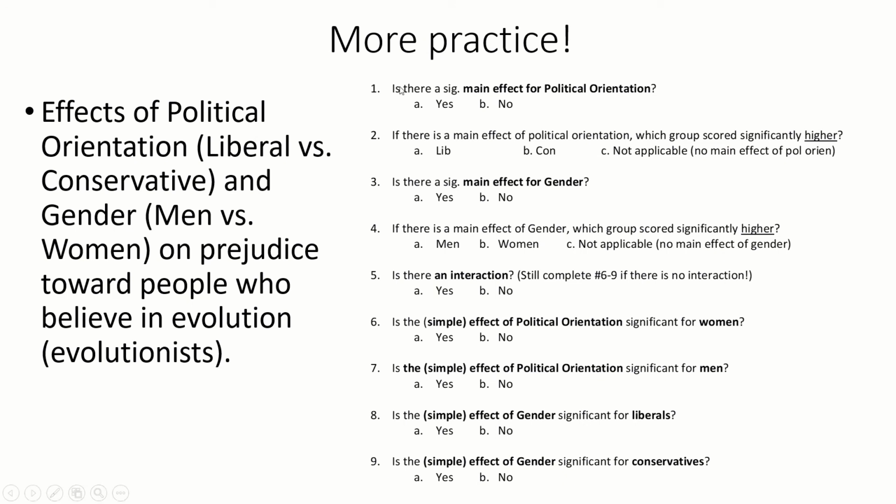We have similar 9 questions here. You can go through the output, do the means table, do the line graph, take a look at the main effects and then the simple effects. And I'll have the answers in here if you want more practice before you take lecture quiz 10.